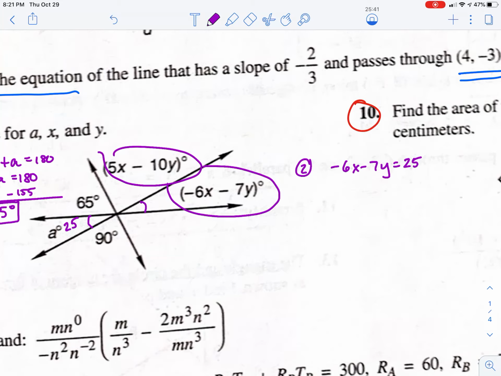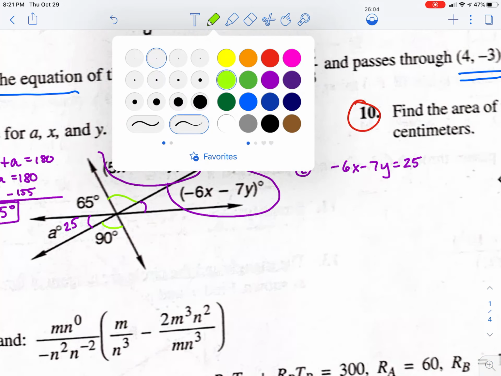My first go-to was to identify vertical angles, which doesn't make there anything wrong with that. But since vertical angles are equal, so you have this set is equal to this set, 5x minus 10y is equal to 90, I can actually write this up. Actually, let's go ahead and do it that way.